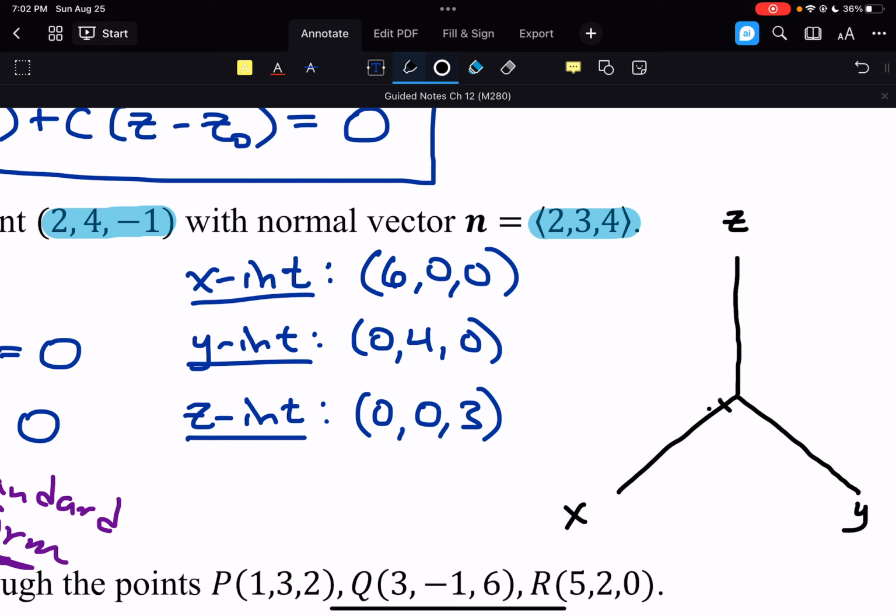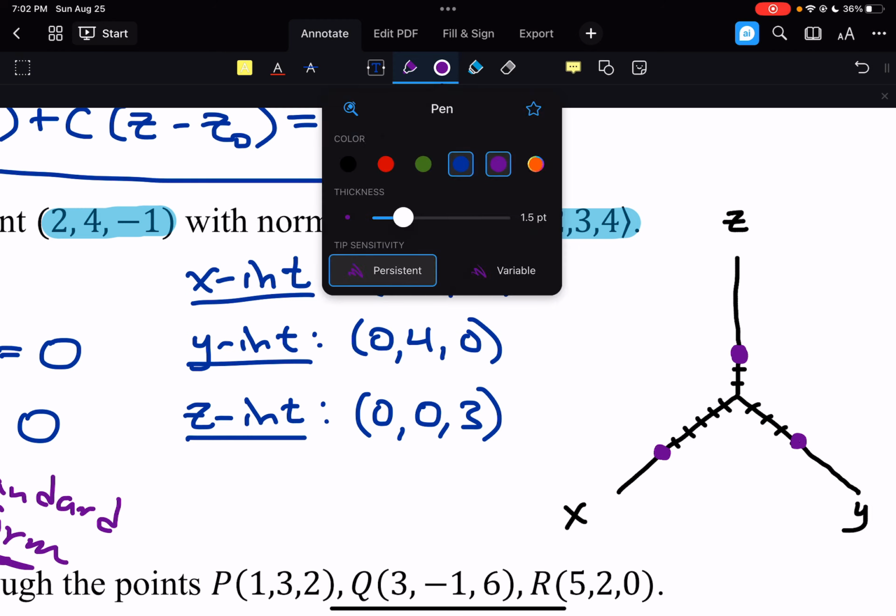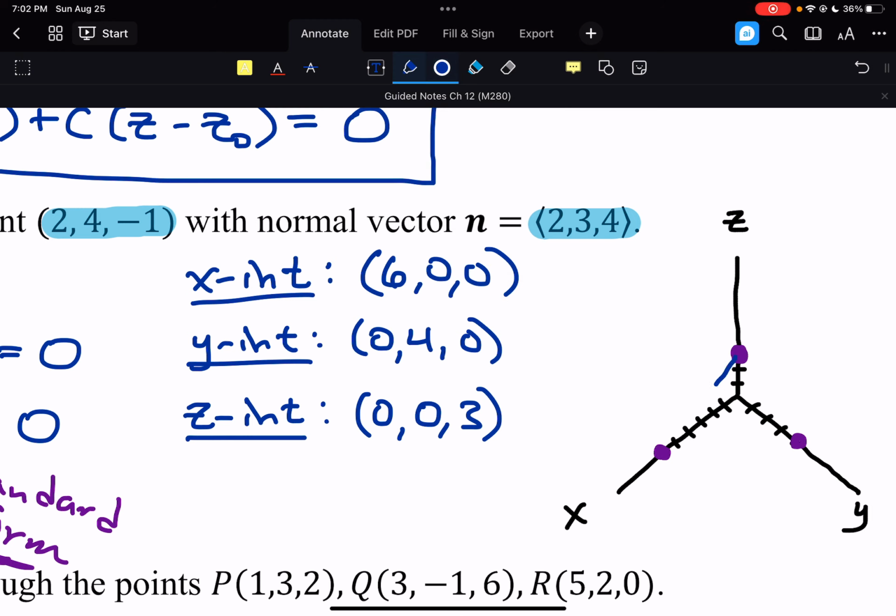We go 1, 2, 3, 4, 5, 6. 1, 2, 3, 4. 1, 2, 3. So let me just plot these points right there. And we'll just connect the dots. And that is a sketch of our plane.